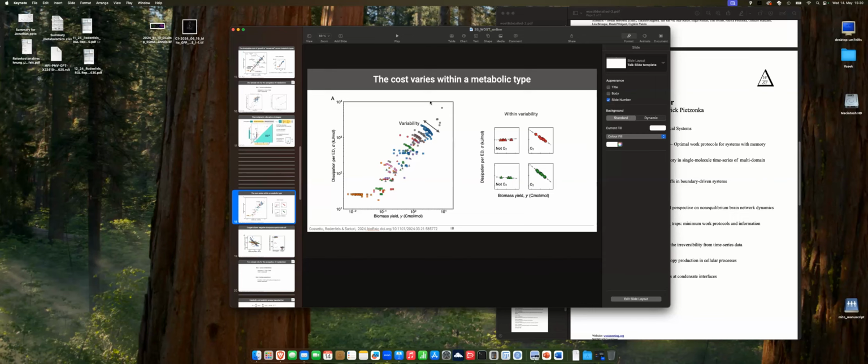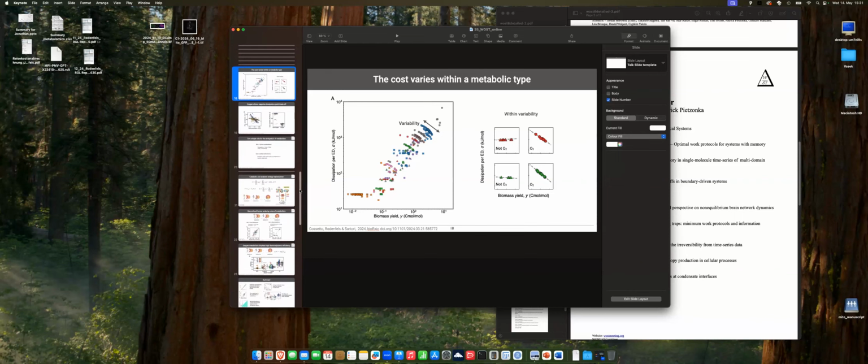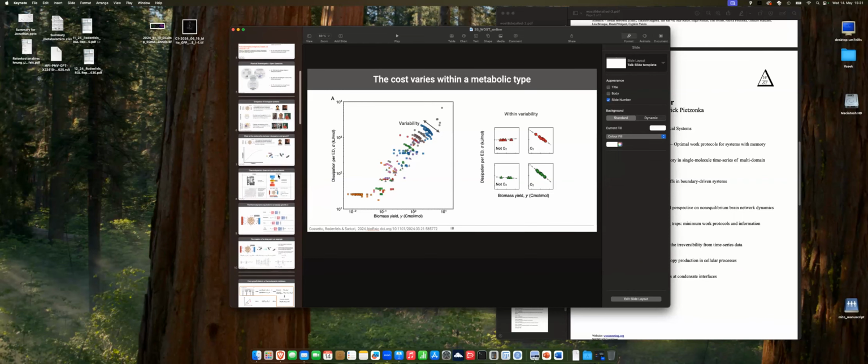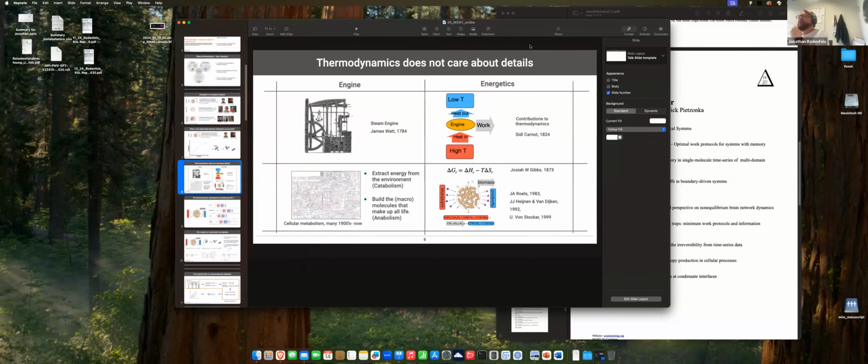Hi. I would just want to go back to your slide comparing the engines at the start. Oh, this one? Okay. Am I still sharing? Yes, that one.